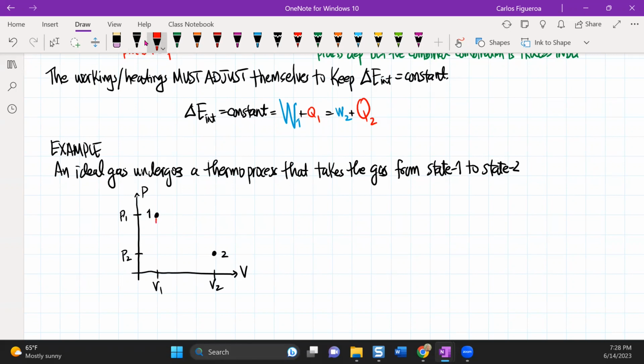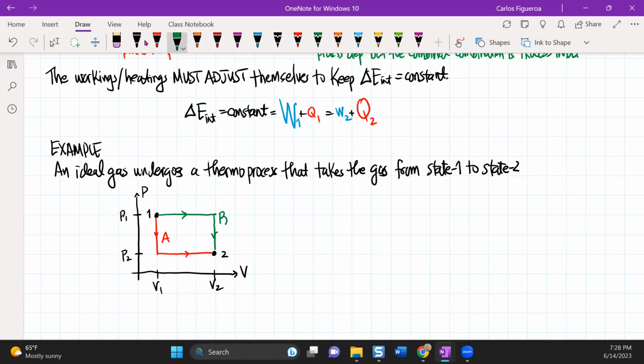I could imagine that I take a path that goes like this. This I'm going to call path A. Now, let's say that I take a path that goes in this direction.